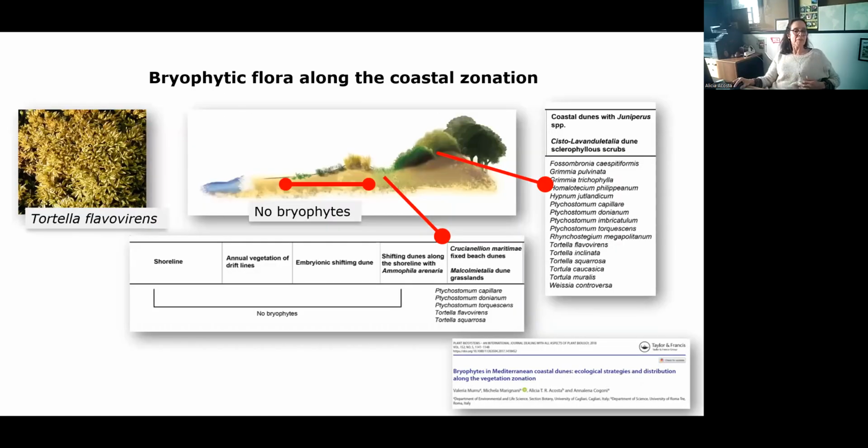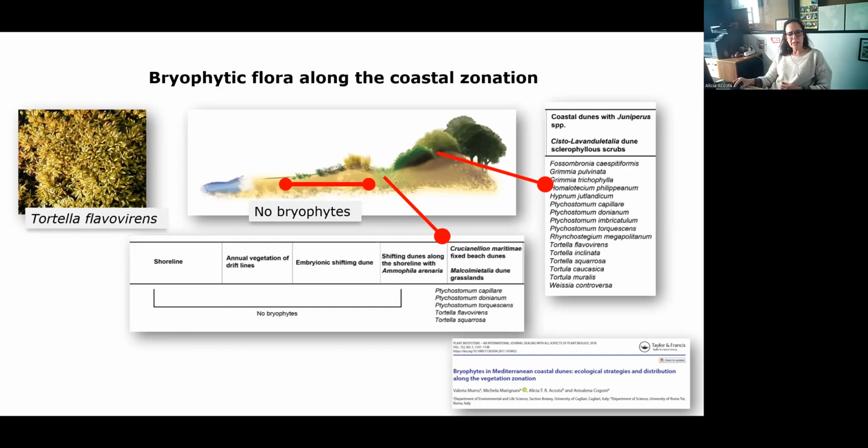Our studies have been mainly focused on vascular plants, but we have also investigated other taxonomical groups. Bryophytes have been largely studied in the Atlantic coast, where lichens and mosses are very common. However, they are less known for the Mediterranean. Valeria Murru and colleagues analyzed bryophytes along the coastal dune vegetation zonation in a well-preserved study area on the island of Sardinia in Italy.